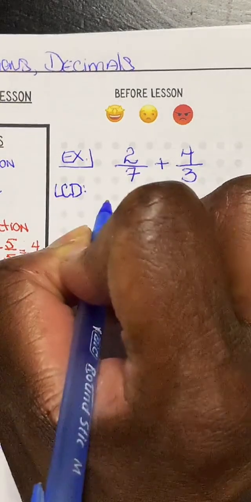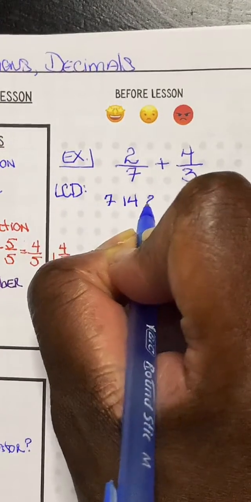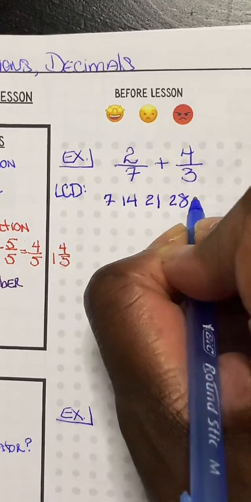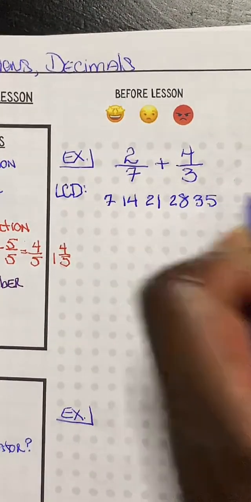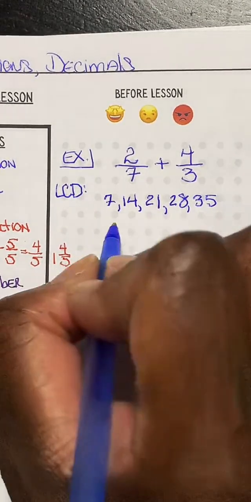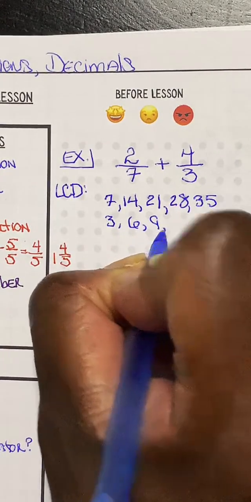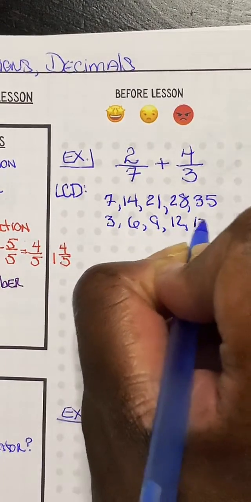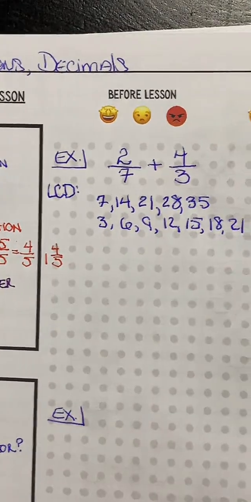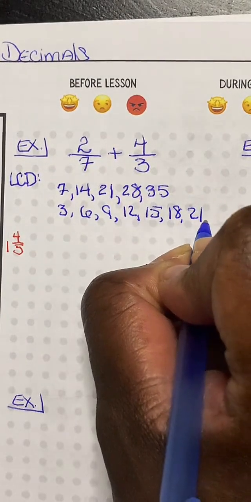So if I look at my 7 times table, I got my 7, my 14, my 21, my 28, my 35. Okay, we'll stop right there. Then for the 3 times table, we have our 3, our 6, 9, 12, 15, 18, 21, 24.